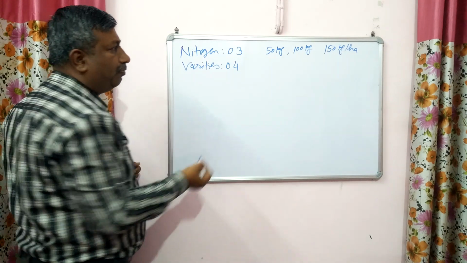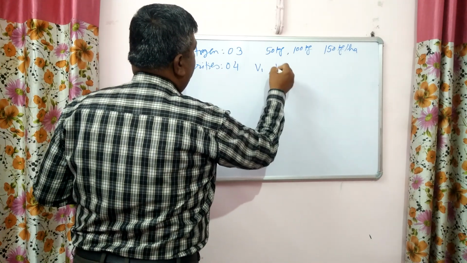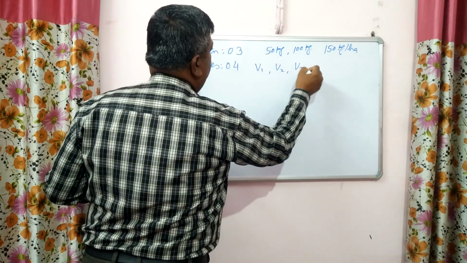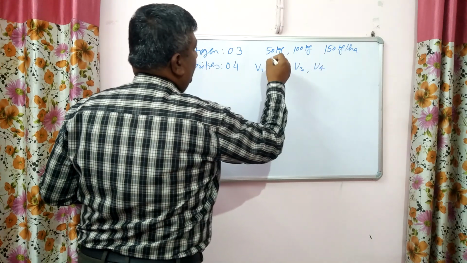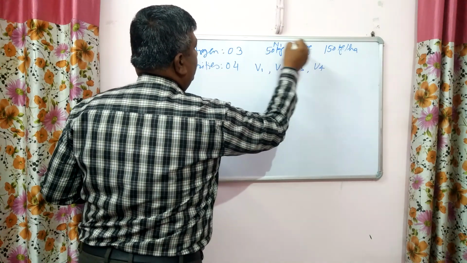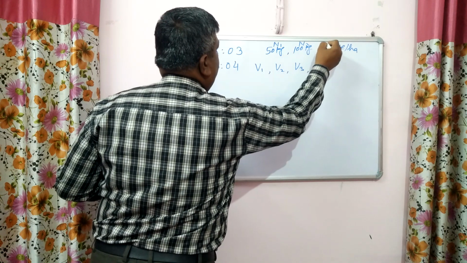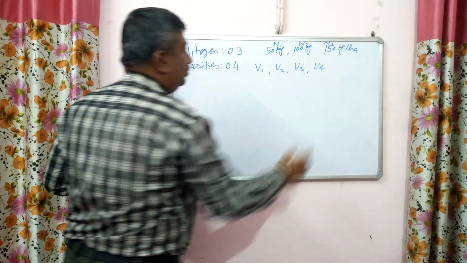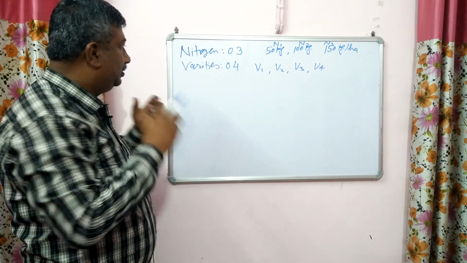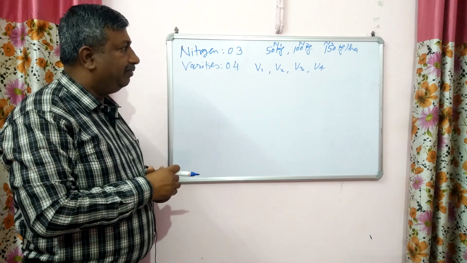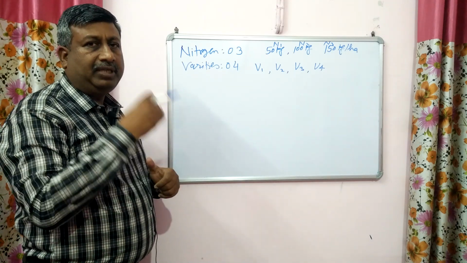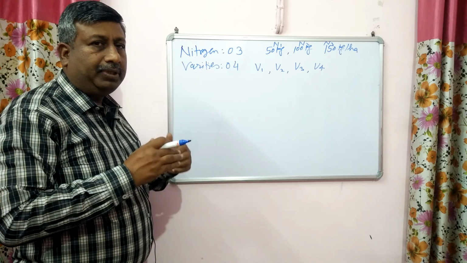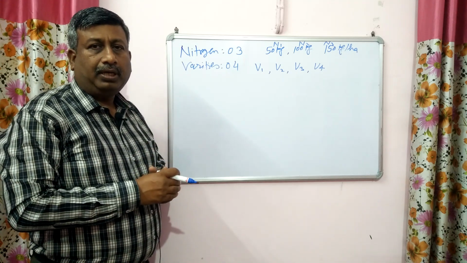We want to test four varieties, V1, V2, V3 and V4, and these are N1, N2 and N3. So we can check the effect of nitrogen and variety in Factorial RBD as well as in split plot design, but the most precise design is Factorial RBD.